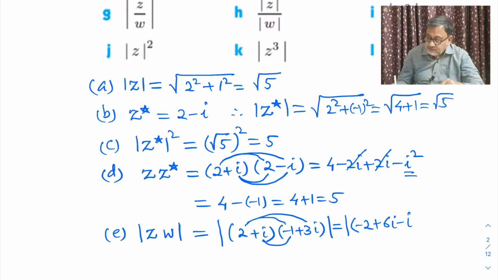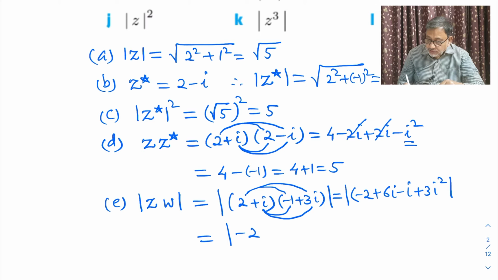Then i multiplied with minus 1 is minus i. And i multiplied with 3i is 3i square. So it will be minus 2, plus 6 and minus 1 will be plus 5i. Then i square is minus 1, so minus 1 multiplied with 3 is minus 3. Like this you are getting negative 5 plus 5i.